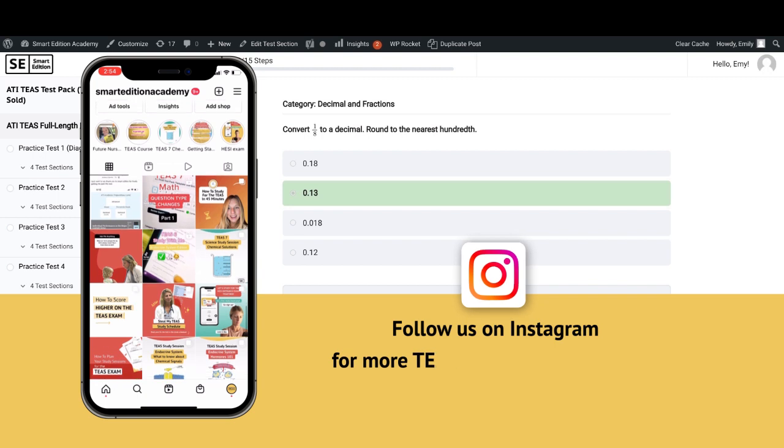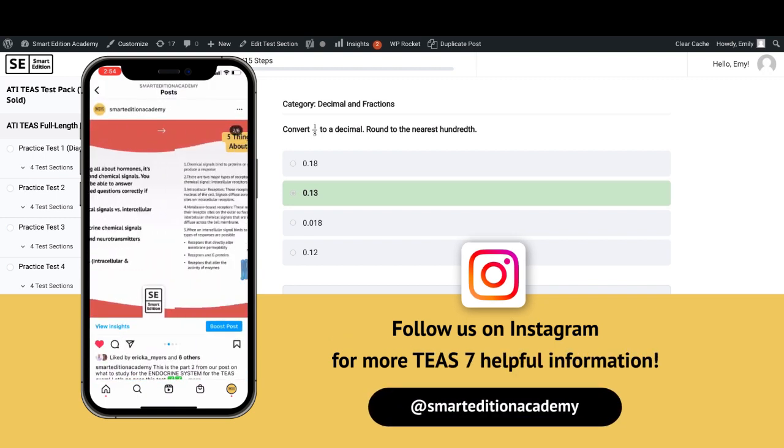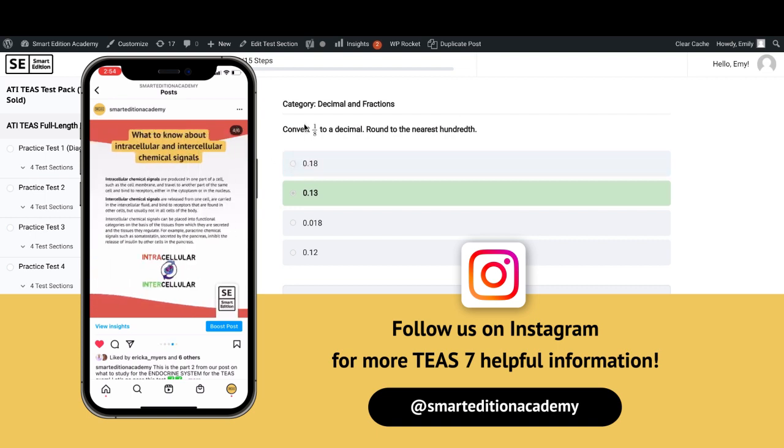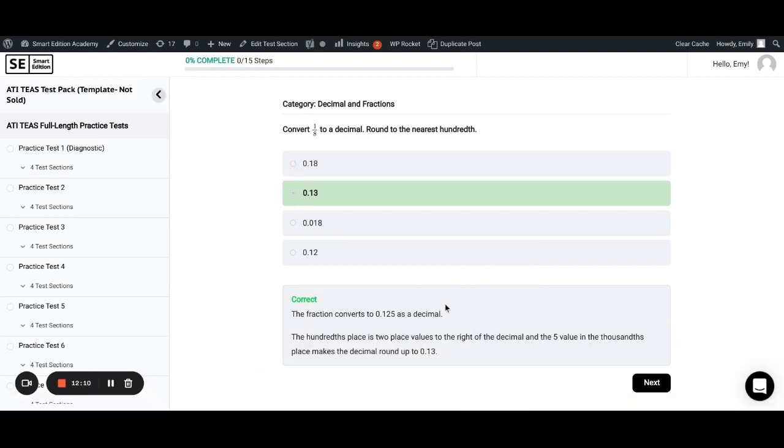So the fraction actually converts to 0.125. You would get that by dividing 1 by 8. You could do that on a 4-function calculator to get that decimal. The hundredths place is 2 place values to the right of the decimal, and the 5 in the thousandths place makes it round up. So you would round up, which is how you get 0.13.